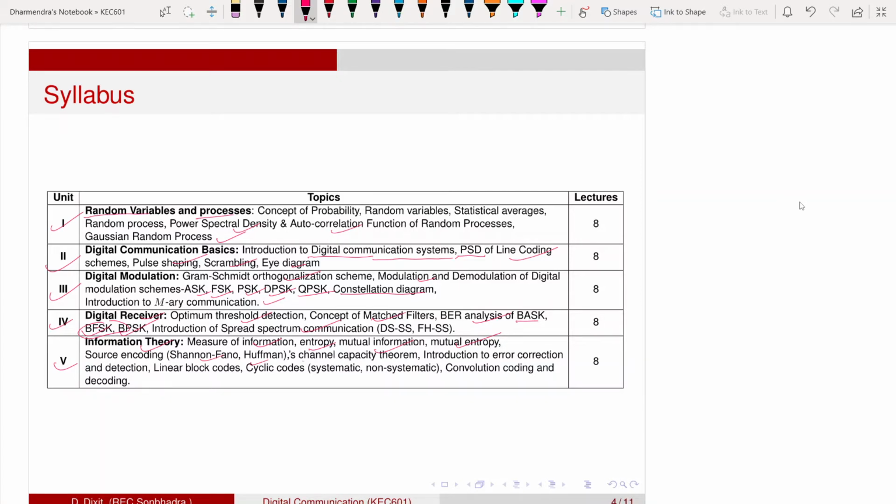Then we'll discuss the channel capacity theorem, and then error correction and detection, like linear block codes and cyclic codes. There are two types of cyclic code: systematic and non-systematic. Then convolutional coding and decoding, which is another type of error correction code. So this is the syllabus for this course.